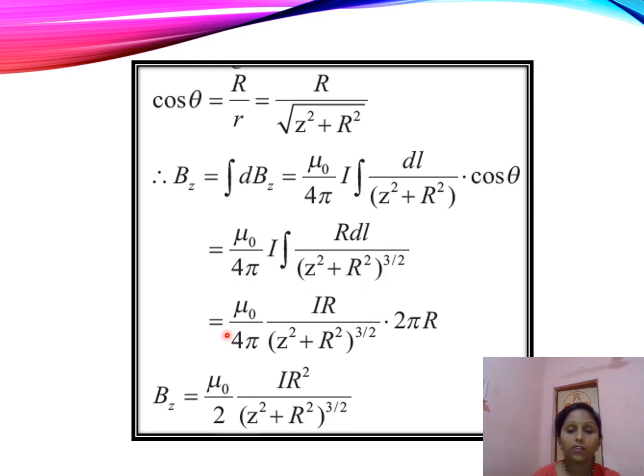That is also equal to μ0 by 4π I R divided by z square plus R square whole to the power of 3 by 2, integration of dl. As it is circular, it comes to the circumference of the circle, which is 2πR. Now cancel out the common terms, the equation becomes Bz is equal to μ0 by 2 I R square, divided by z square plus R square whole to the power of 3 by 2. This is the magnetic field at the point P along the axis z.